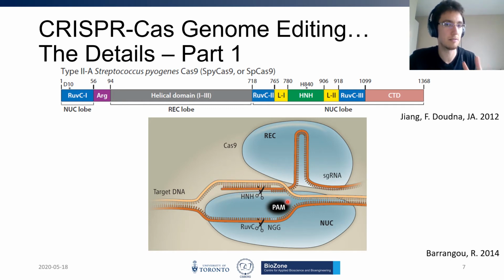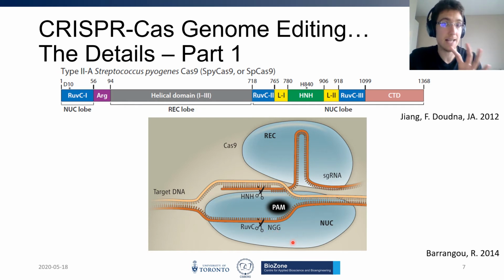The second signal that's extremely important in CRISPR-Cas9 targeting is this PAM motif, also known as a protospacer adjacent motif. Okay? Now, PAM for Streptococcus pyogenes is NGG. This is a nucleotide sequence. N is any nucleotide, and GG is two guanines. So guanine, guanine. Okay?